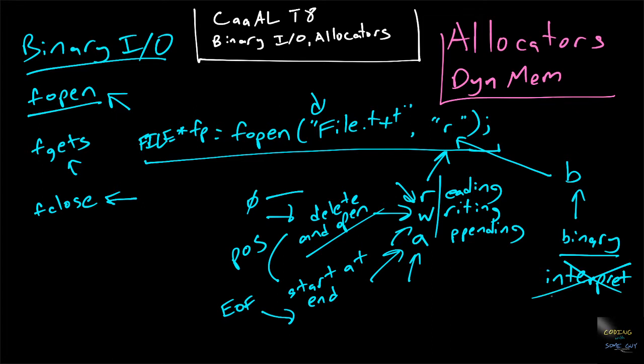So just assume that it is raw data and we're going to operate on it as raw data, which means we are not going to do things like fgets. We are not going to do things like fputs. These imply that I'm working with strings and text. But instead, we're going to be using binary operators, and those are fread and fwrite.